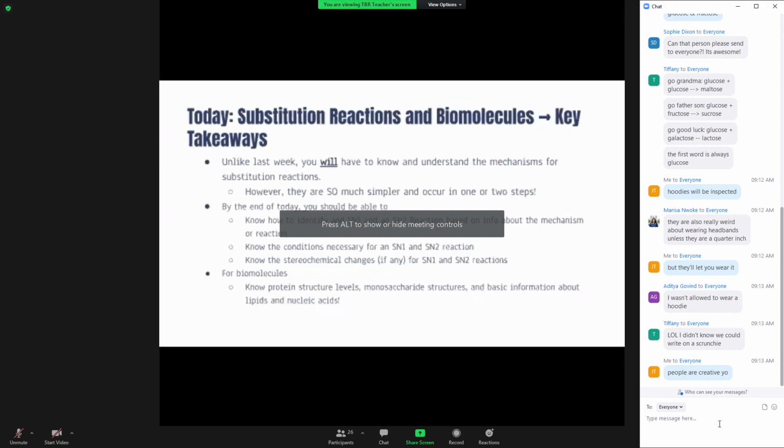Okay, so just some key takeaways from today. Unlike last week, you will have to know and understand the mechanisms for substitution reactions. However, they are so much simpler and they just occur in 1 or 2 steps, which I'll be going through really quickly.